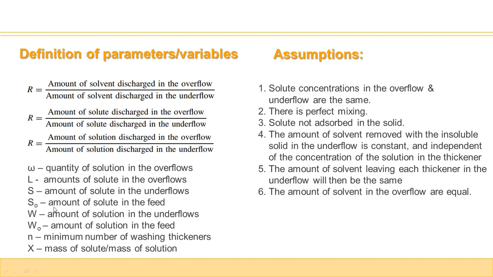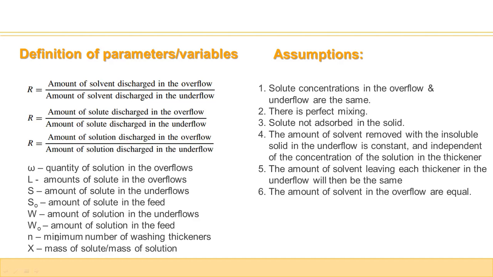But if it's 0, that's the amount of solute originally present in the feed that was processed in your first thickener and so on. W is the amount, so this is capital W, the amount of solution in the underflow. W sub O is the amount of solution in the feed. So the subscript O here for capital letters S and W denotes that it's the amounts for the feed.